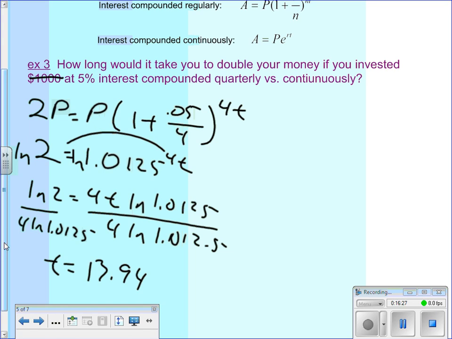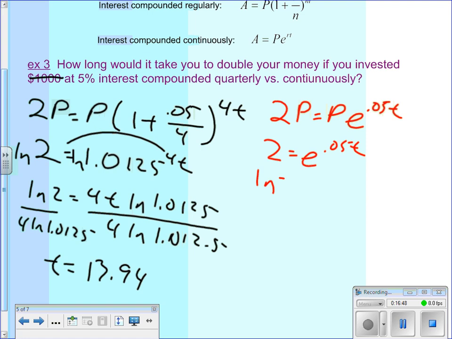Same thing using the other one. 2P equals P e to the 0.05 t. Two equals e to the 0.05 t. Take the natural log. Natural log of 2 equals 0.05 t.